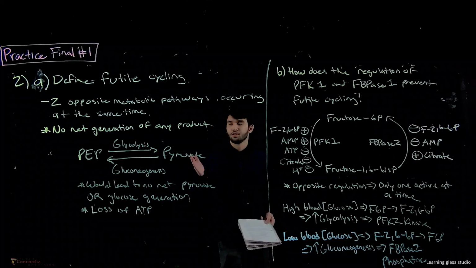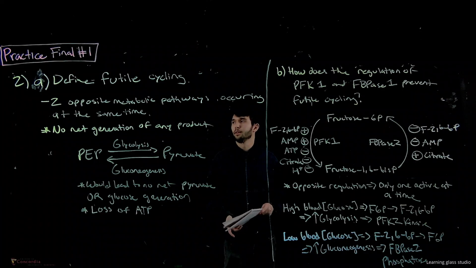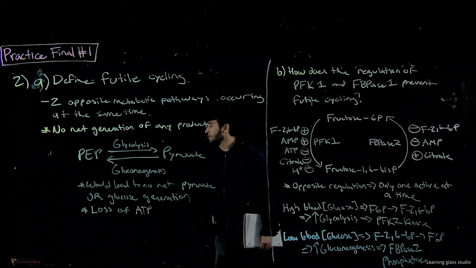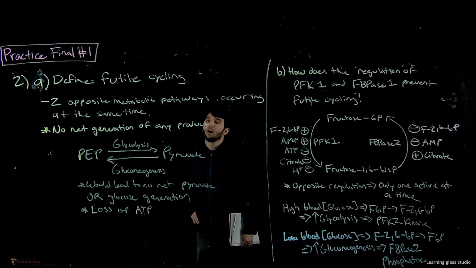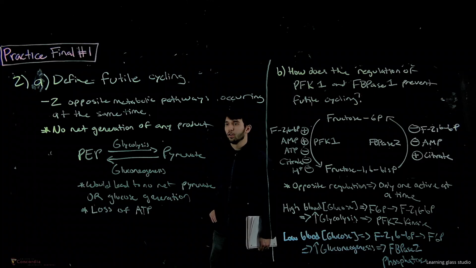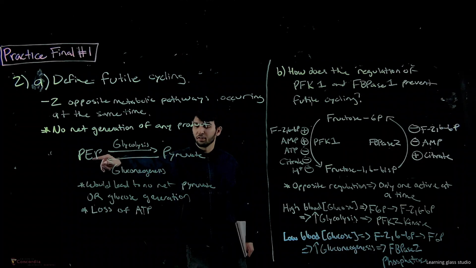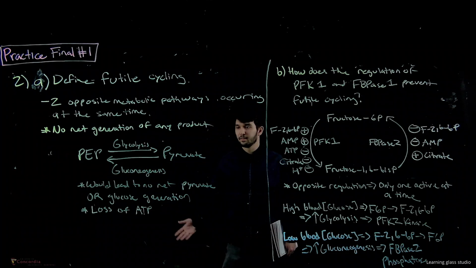All right, question 2. So this is a little bit redundant with the last problem, but here we're just asked to define futile cycling in part A. So futile cycling is when you have two opposite metabolic pathways occurring at the same time. An example of that would be if phosphoenolpyruvate was converted into pyruvate in glycolysis, at the exact same time pyruvate was being converted into phosphoenolpyruvate in gluconeogenesis, like we saw before.